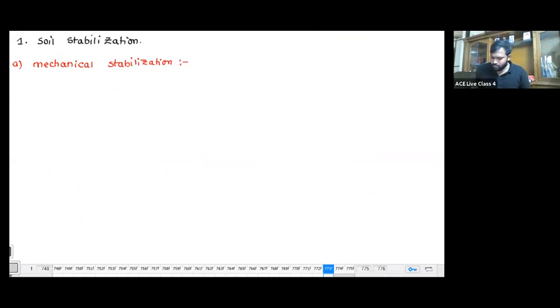Okay. So what is the meaning of mechanical stabilization? Mechanically means I am not going to add any chemicals. What I do is I change the composition of the soil, either by mixing with another soil or by removing the extra soil, and then I compact it.